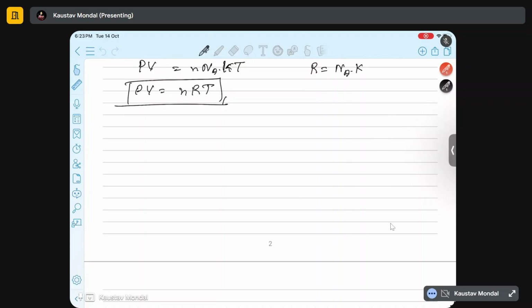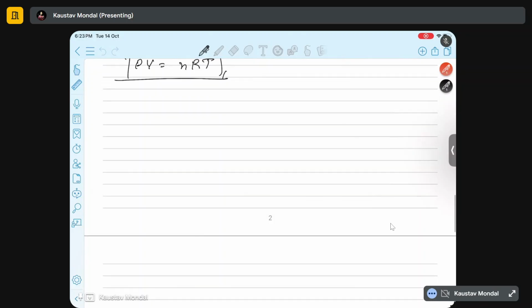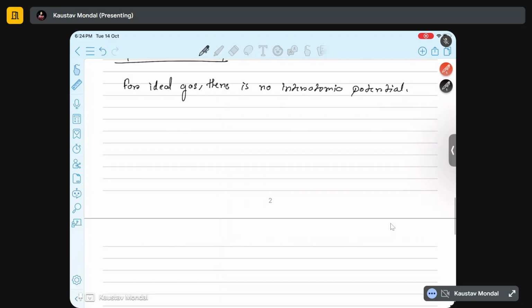So let me write the whole thing. For an ideal gas, there is no interatomic potential, but for the real gas, there exists an interatomic potential.